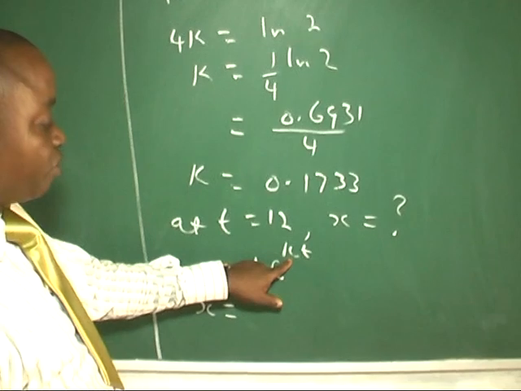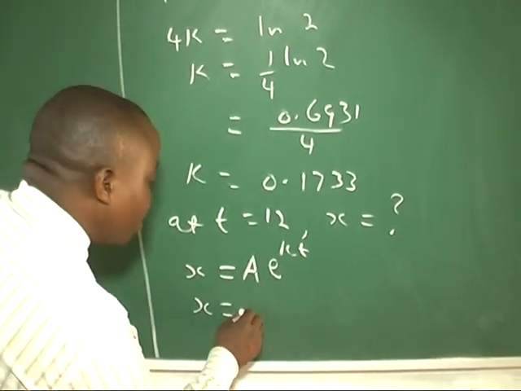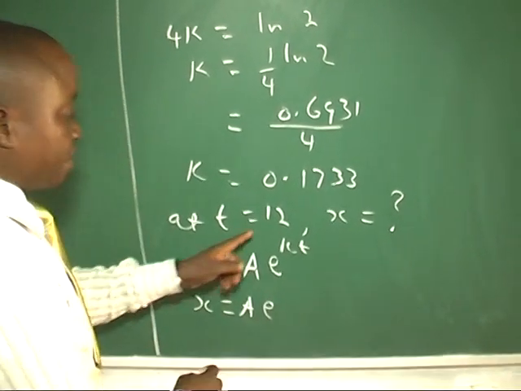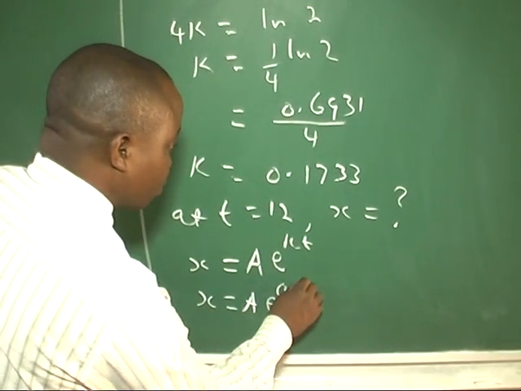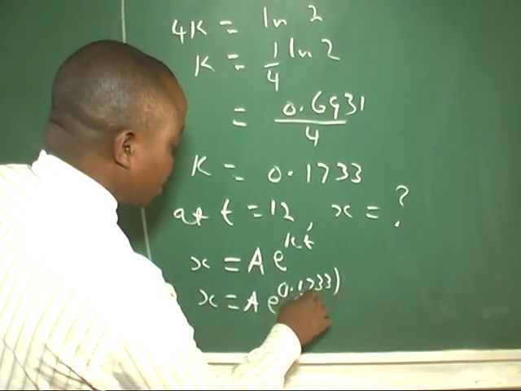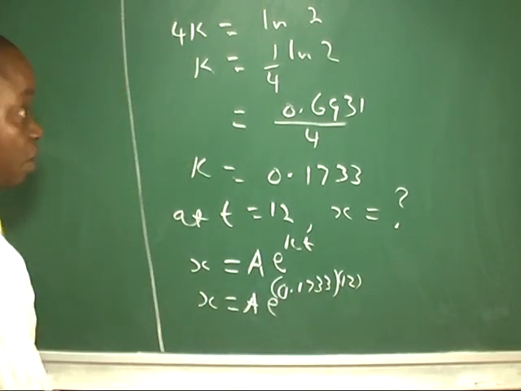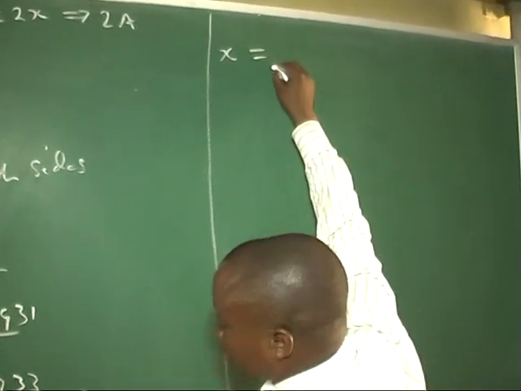But let me start from K and put the value of K and T. Then we'll have that A exponential K, and K is 0.1733 times 12.